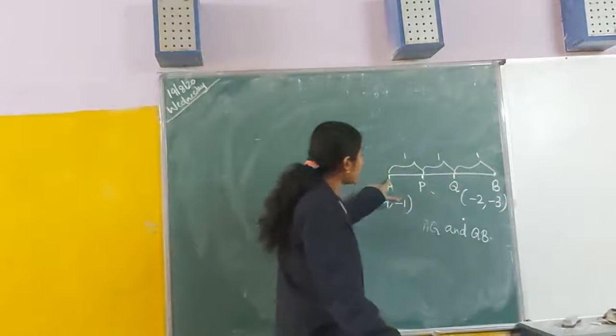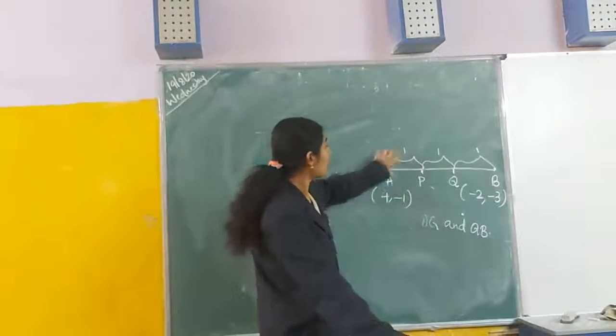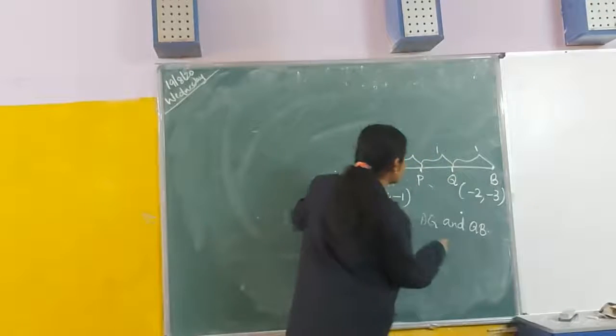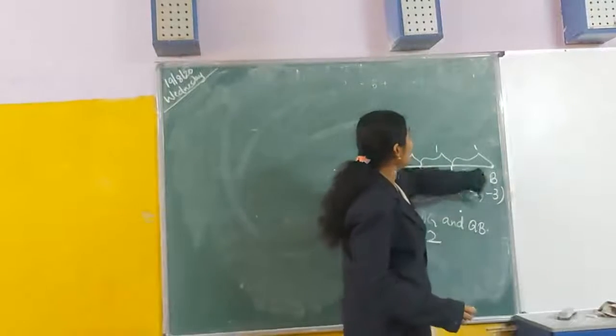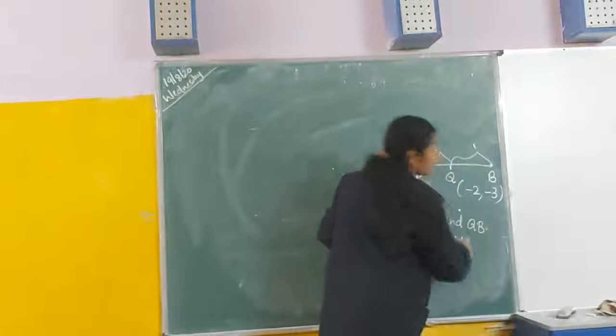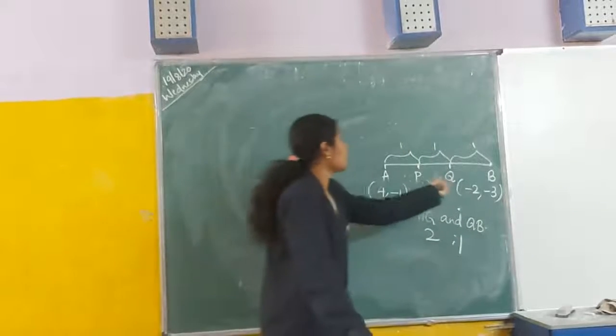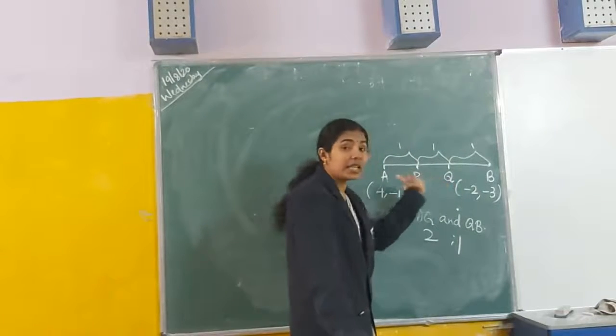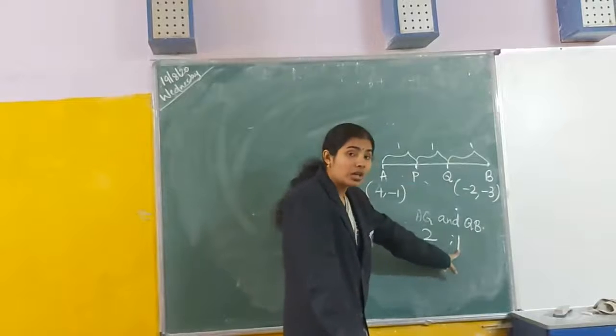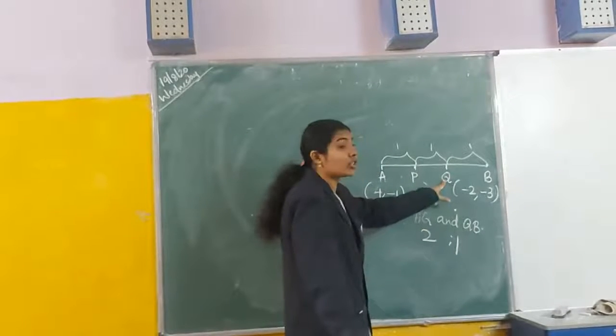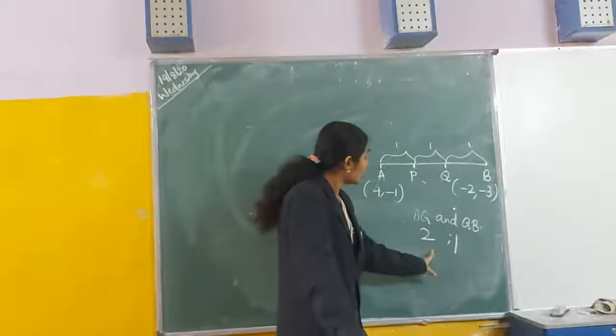What will be the ratio? AQ means 1 plus 1, that is 2. QB, that is 1. So the ratio in which the point Q divides the line segment is 2:1.